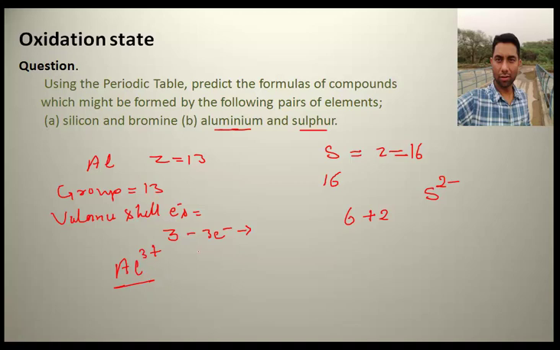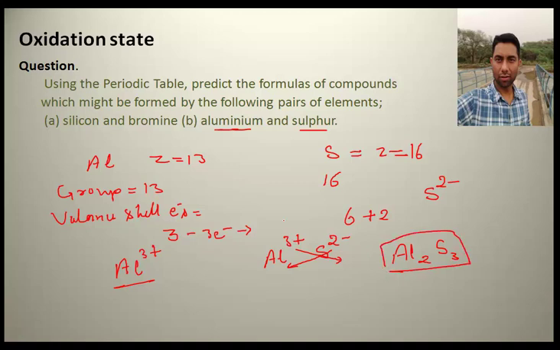For simplicity, I think in your previous classes you have studied this: Al3 positive and S2 negative, in order to determine the formula. Now take this cross multiplication at the bottom of the individual species. So you'll get Al2, right? This one is here, and S3, a simple way.